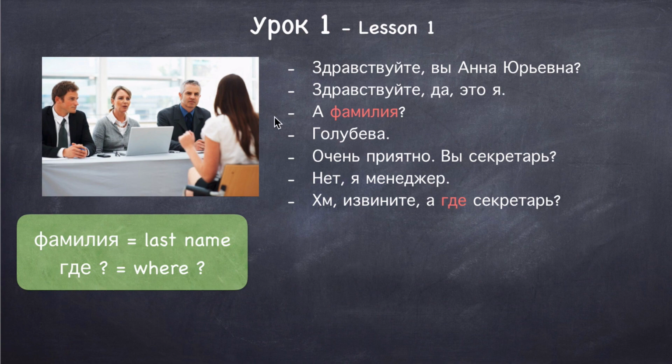Here I think we have some new vocabulary, and that is familia. Familia, last name or surname. So here she's asking, how about your last name? А фамилия? Где? Where? А где секретарь?